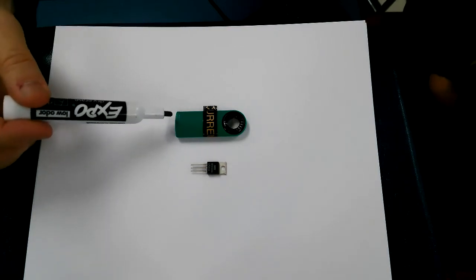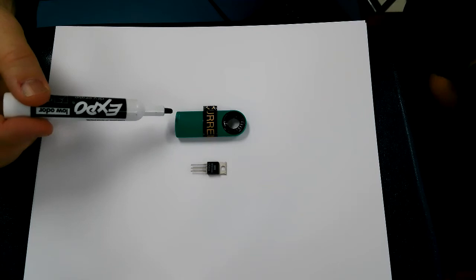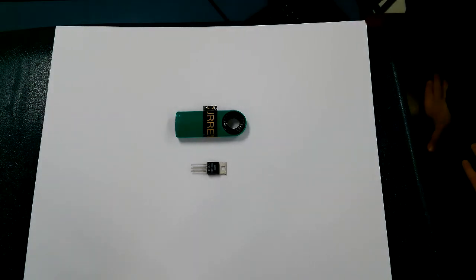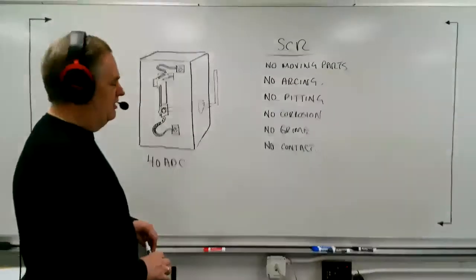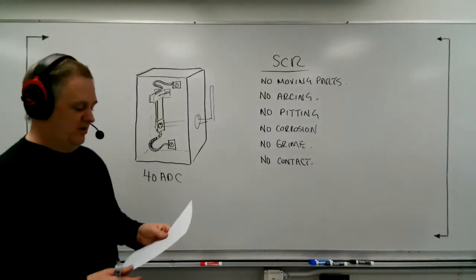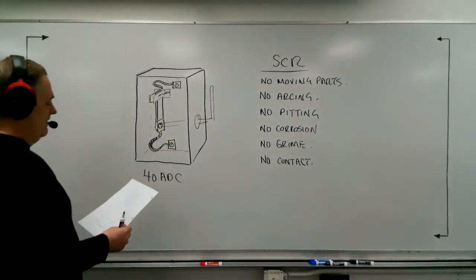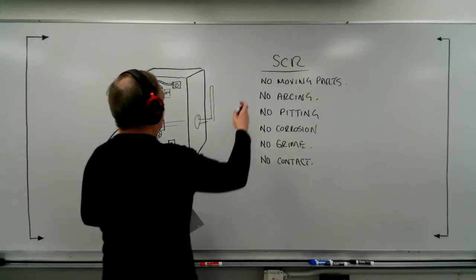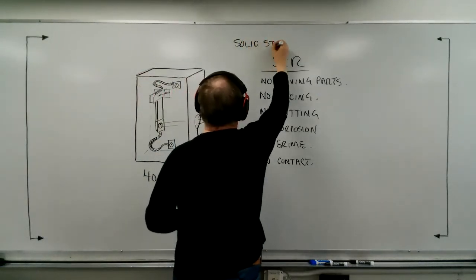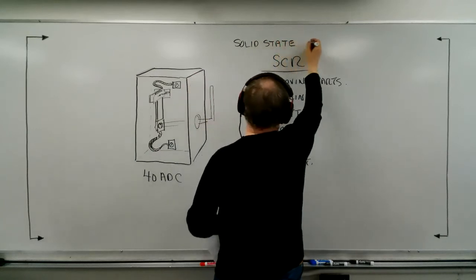This is just a flash drive that I had in my pocket, so you can see the scale. That is a 40 amp SCR, and it is totally capable of making and breaking the same current that this physically sized switch would be able to make and break. So the SCR as a solid state switch does a remarkable job.